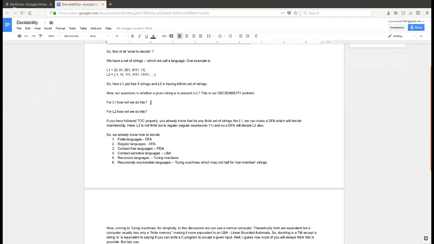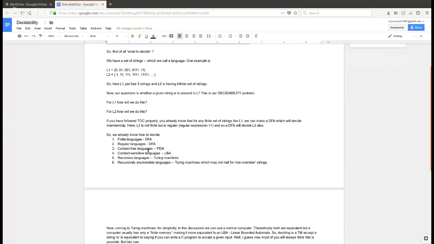Now for L2, here we have an infinite set of strings, but still we can have a regular expression for L2, and so a DFA for L2. So we know a way to decide L1 and L2. And similarly for any finite language or a regular language. And for both these finite and regular languages, we can have a DFA.